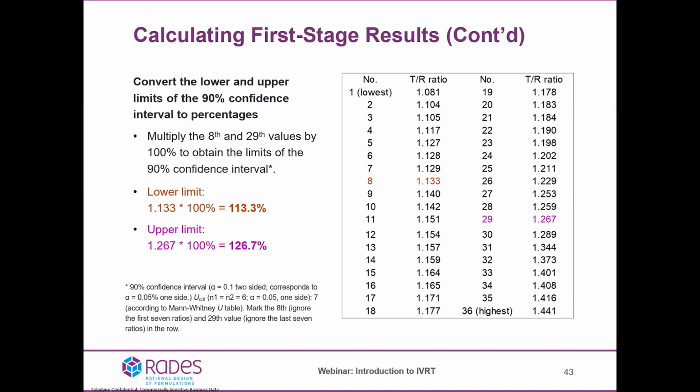The selected 8th and 29th value is only for a 6x6 matrix. If the matrix changed, for example, one release rate is cancelled due to air bubbles and the matrix is reduced to 5x6, you have to select the correct value according to the Mann-Whitney U-table, which is for a 5x6 matrix, the 6th and the 25th value.